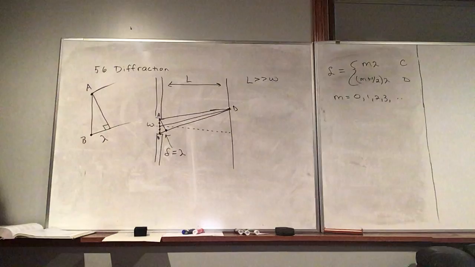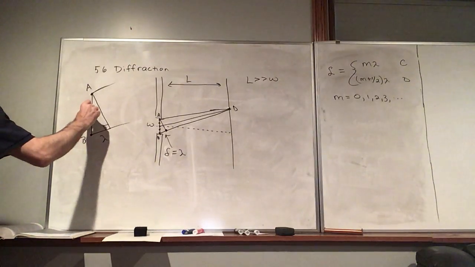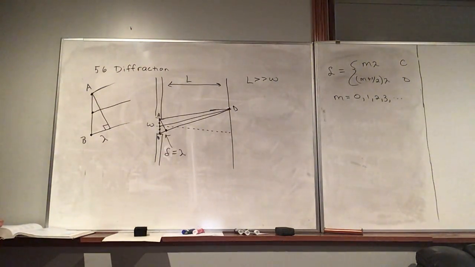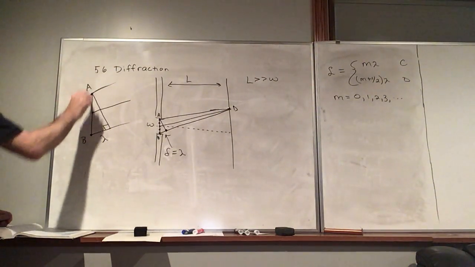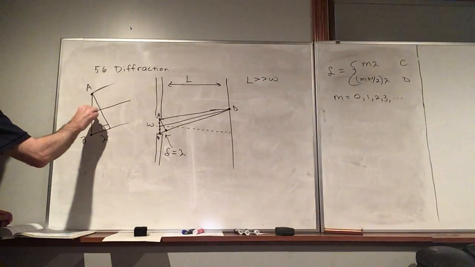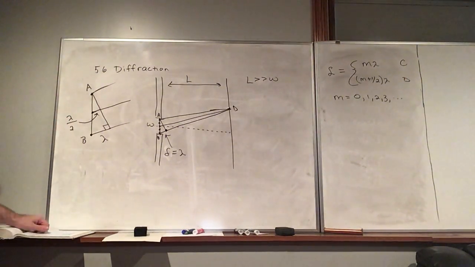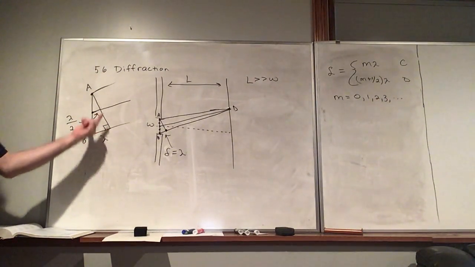And if these two are off by lambda, let's look at a point right in the middle. And say this ray is going to point D on the screen. So we have a triangle here. And if this is the midpoint between A and B, then this segment here is going to be half of this side.